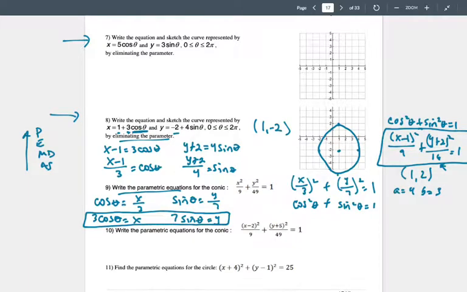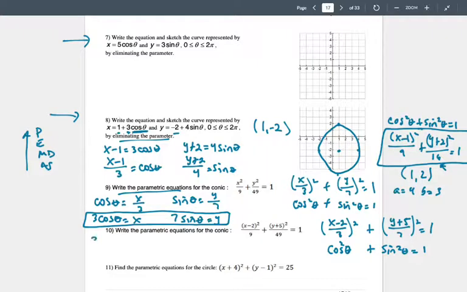On number 10, again, we've got x minus 2 over 3 squared plus y plus 5 over 7 squared equals 1. Remembering that this is cosine squared theta and this is sine squared theta equals 1.